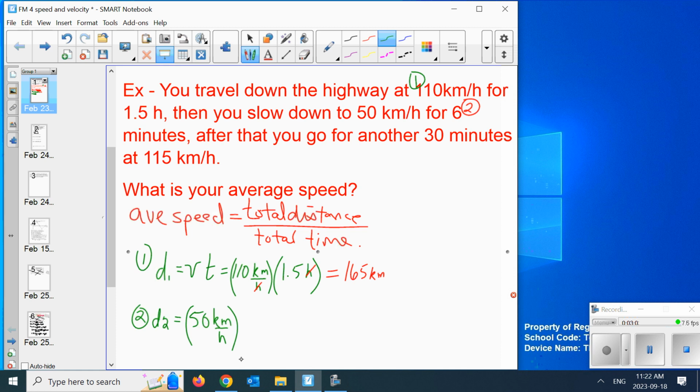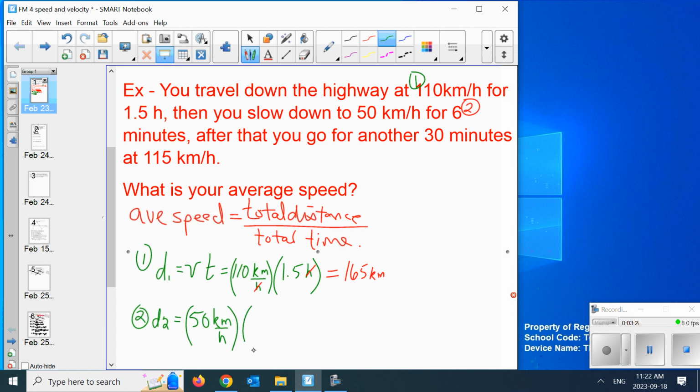That's 6 minutes out of an hour. We need it in hours, not minutes. Well, that's 6 minutes out of 60 minutes for an hour, right? Can you do that math in your head? 6 out of 60? 10% of it.